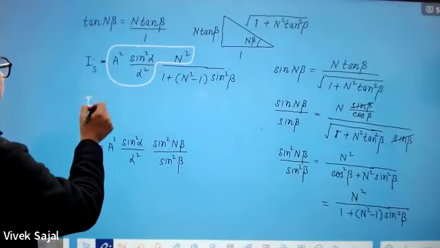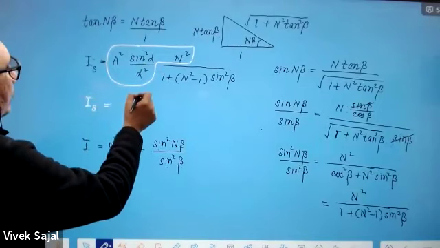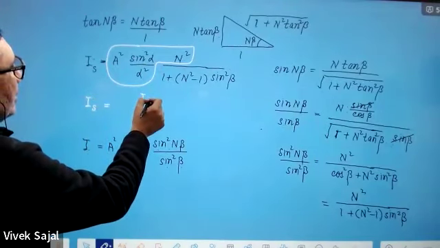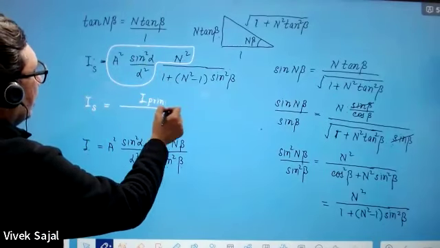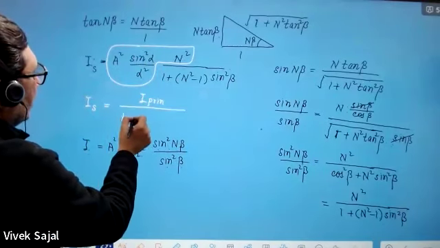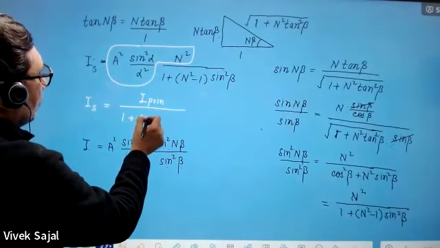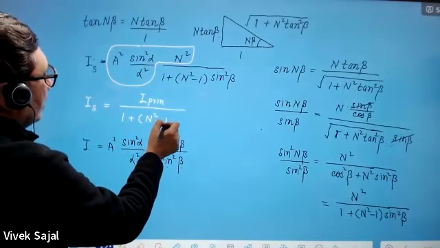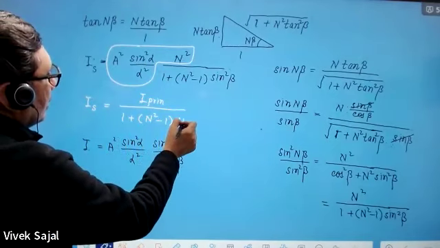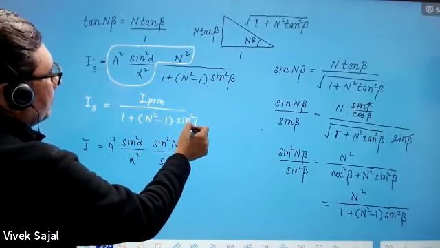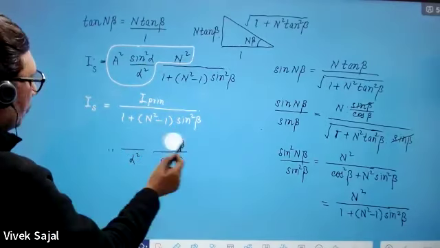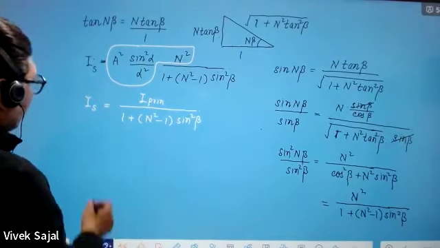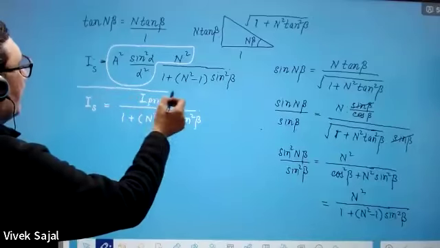So IS, intensity of secondary maxima, is intensity of the principal maxima divided by 1 plus n square minus 1 sin square beta. So this will be the intensity of secondary maxima.